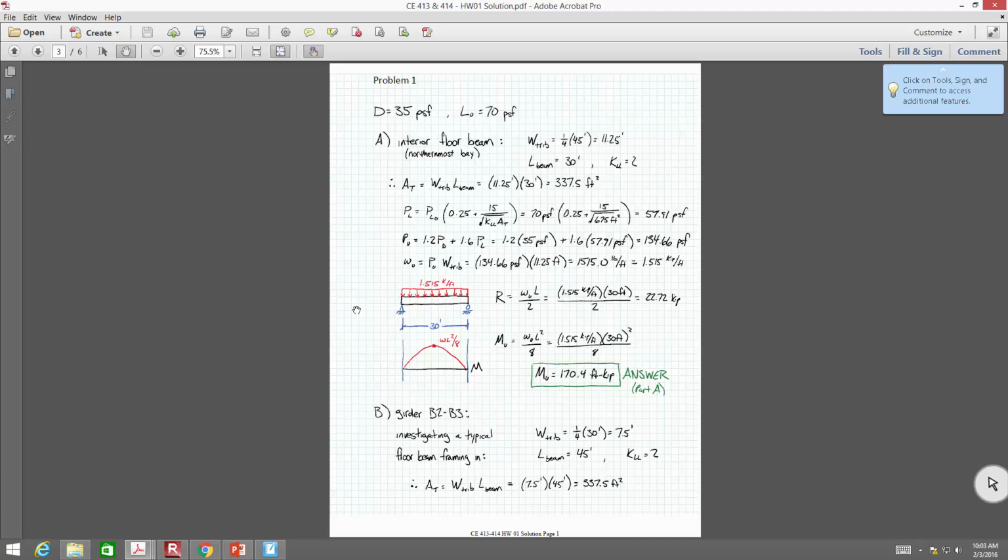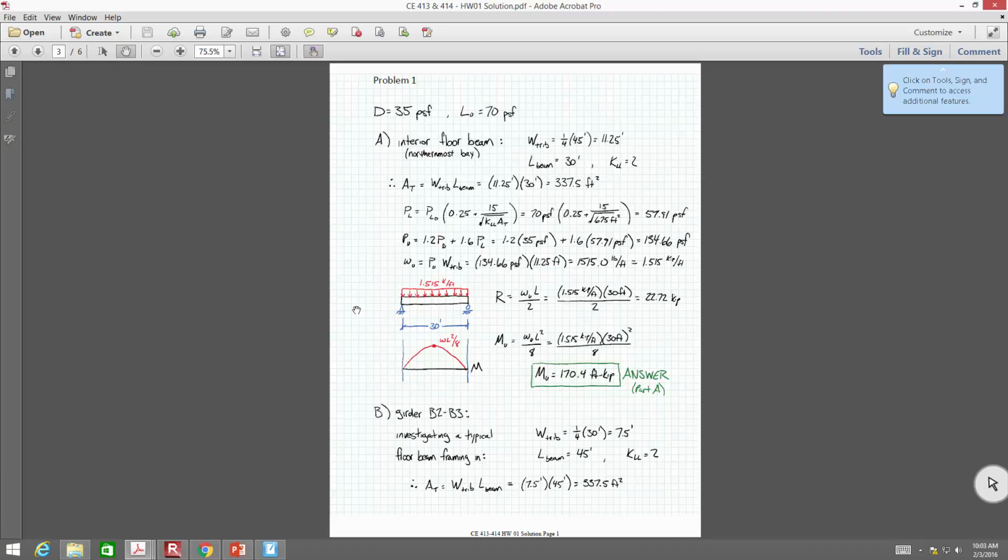Part B, you needed to compute the maximum shear on that interior girder by distributing the reactions. So when you look at the floor frame, it looks like you need to do part A all over again, because you need to do the tributary area, the live load reduction, and all of that, and then you have to do the analysis again. But I was a little crafty on the development of the problem.